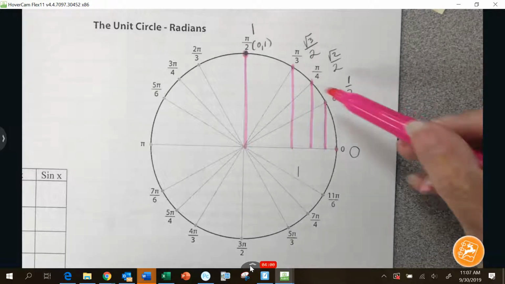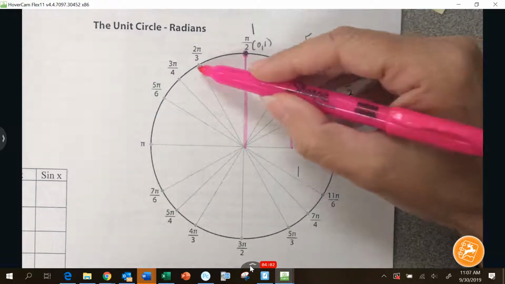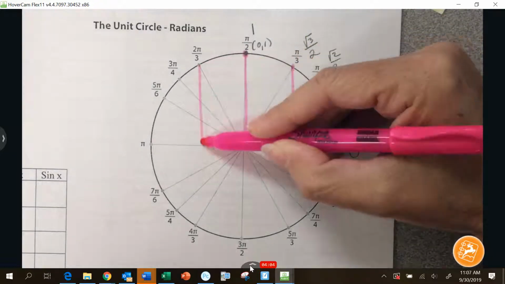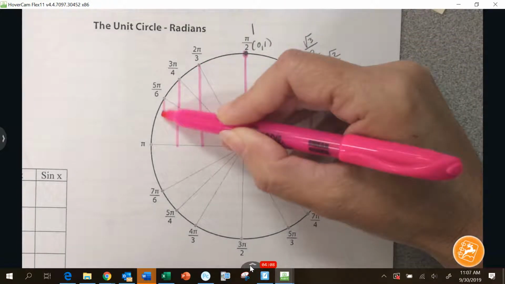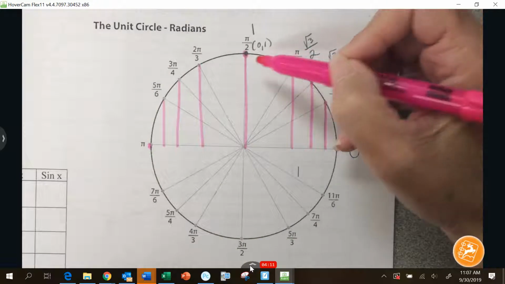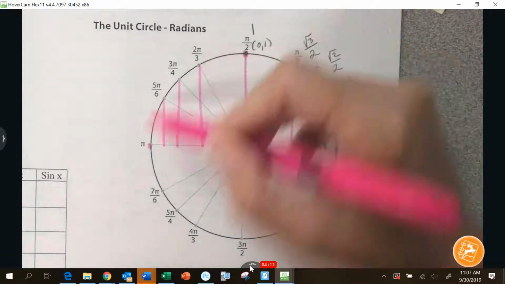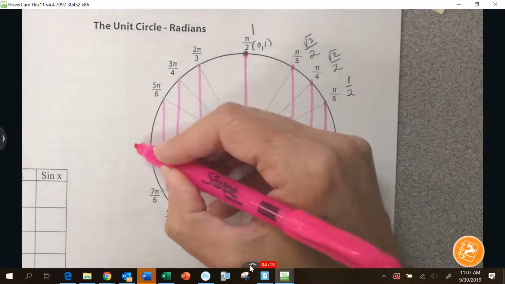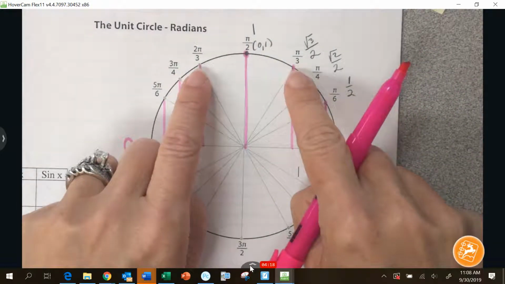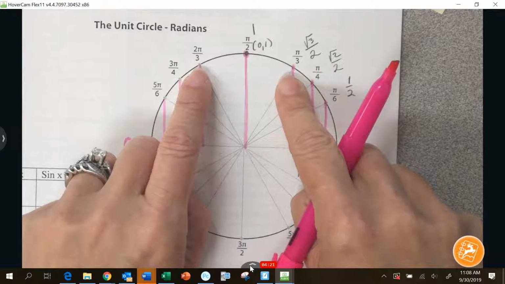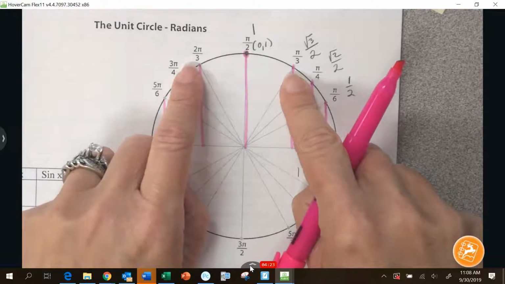Then as we go into the second quadrant, if I'm looking at just the lengths of the y values, how high up that point is, it looks like it's getting smaller and smaller and smaller until we get to 0 at pi. Those smaller amounts are the exact same amounts as it is reflected in the y-axis.